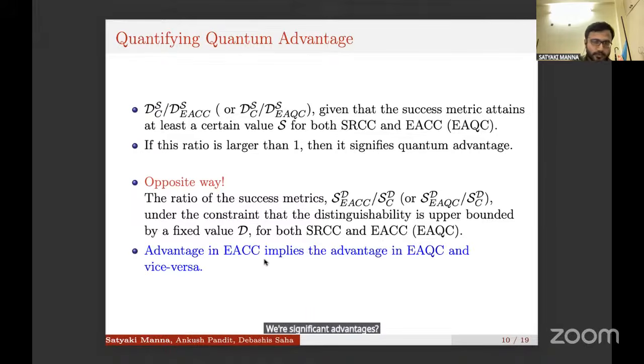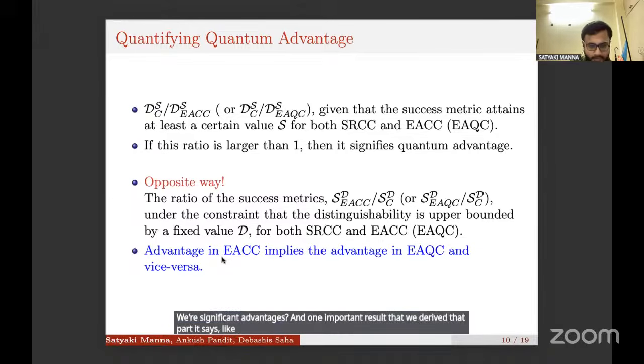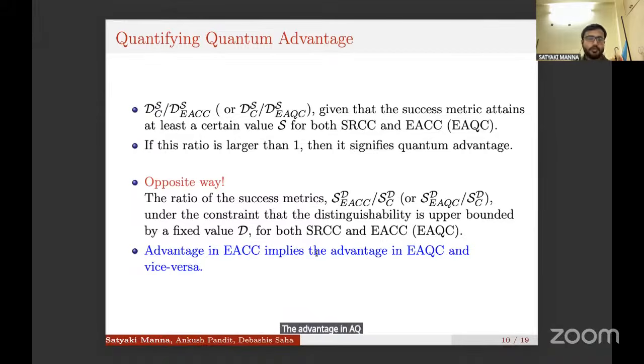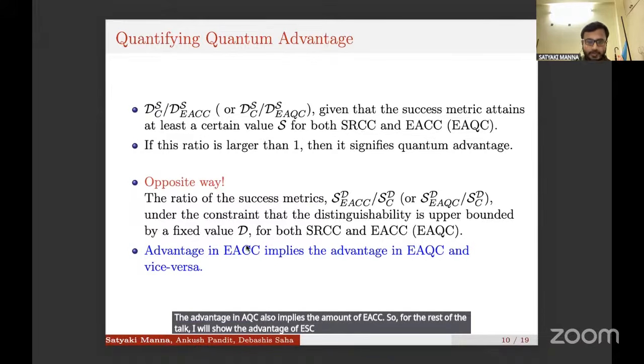And one important result that we derive is that if we find advantage in entanglement assisted classical communication, that always implies the advantage in entanglement assisted quantum communication, and vice versa. The other way around is true also: if there is advantage in EAQC, it also implies the advantage in EACC. So for the rest of the talk, I will show the advantage of EACC with respect to classical communication, and that always suffices for the advantage in EAQC also.